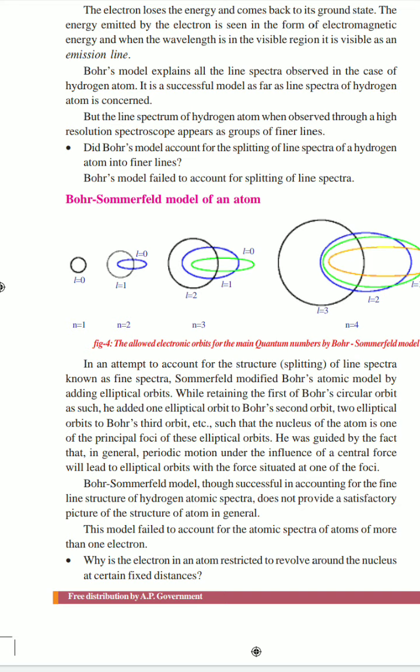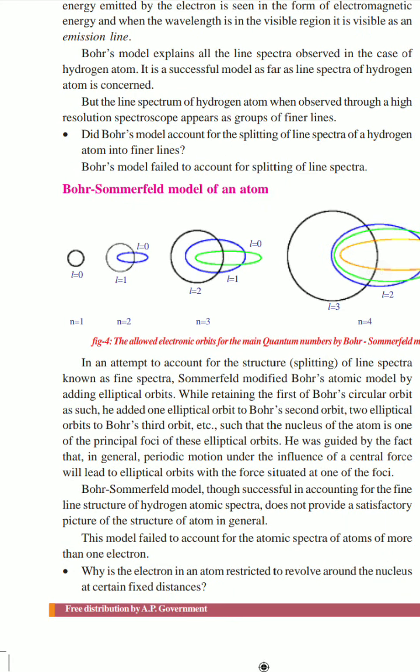Here, first you can see l equal to 0 and n equal to 1, where we get only one circular orbit. But when we come to the second orbit, l equal to 1 and n equal to 2, we get one circular orbit and one elliptical orbit. Why do we get the elliptical orbit for the second orbit?